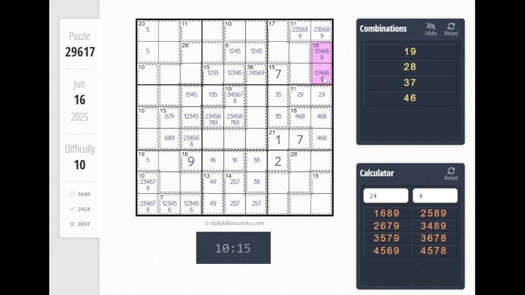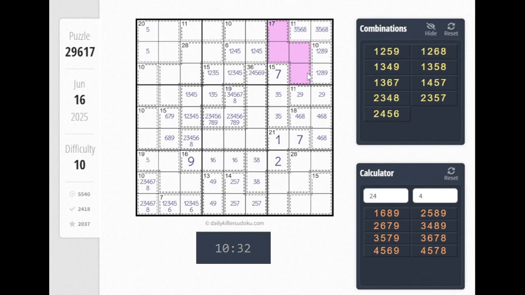I mean, we know this can't be 4, 6, so that's nice. Which means this can't be a 2, 9. Which means 4 is in here.